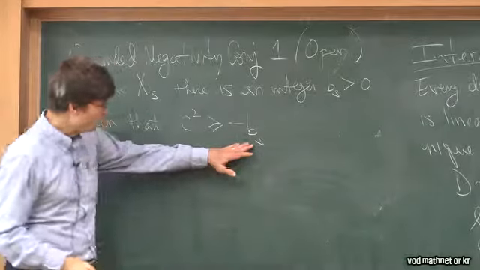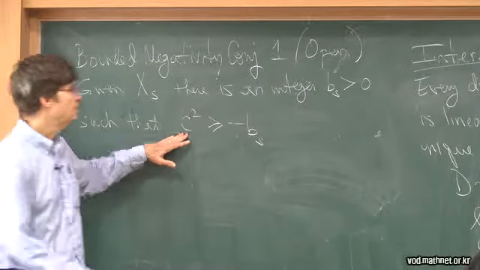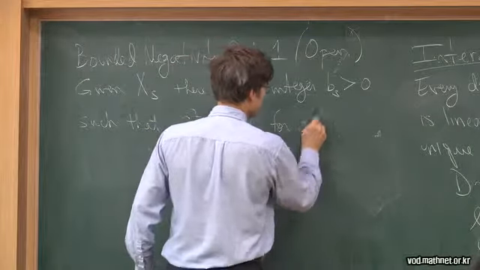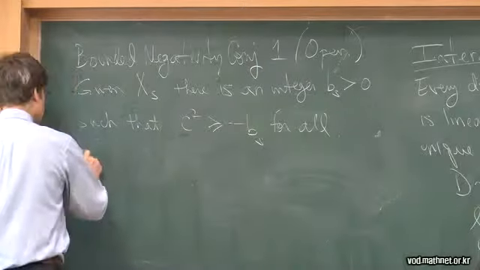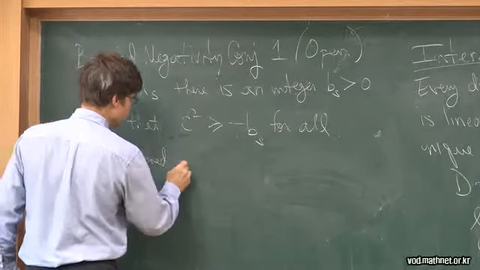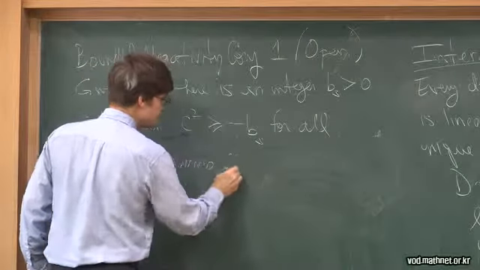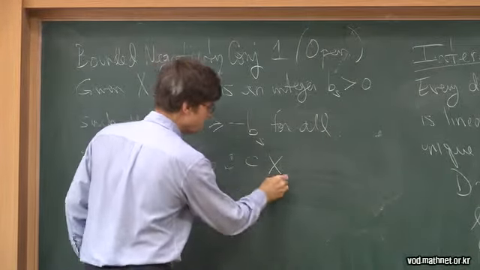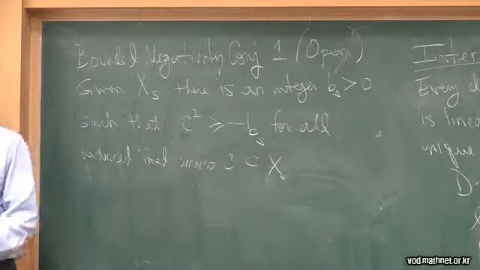So this is a lower bound for the self-intersection for all reduced and irreducible curves C on the surface.